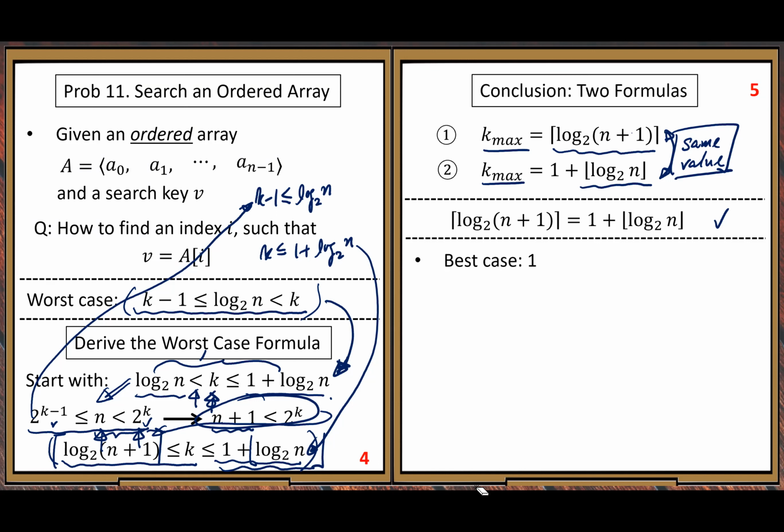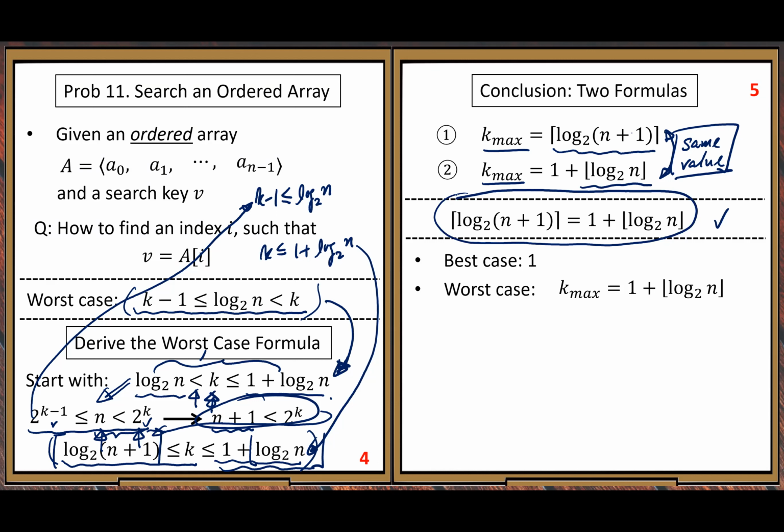The best case, we know one comparison. The worst case, we have this expression, 1 plus the floor of log base 2 of n. You can use the second expression, the first expression is equivalent, okay? But after this class, you need to be able to identify that these two expressions are the same.